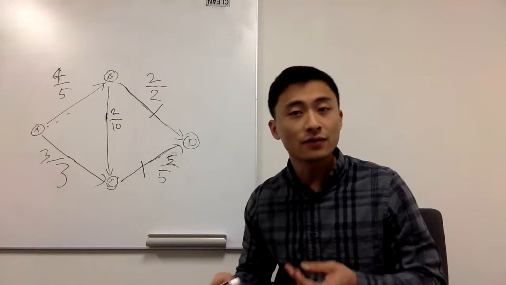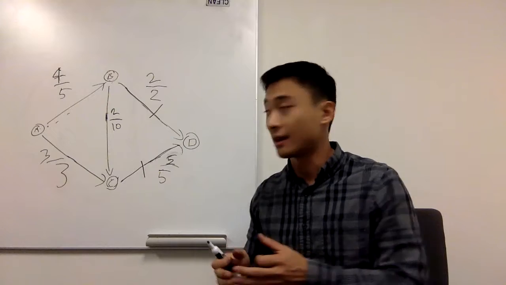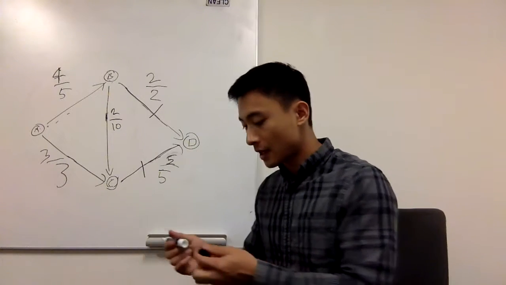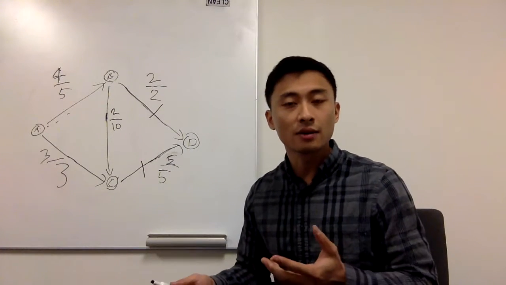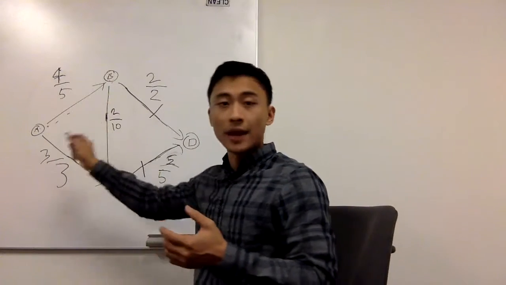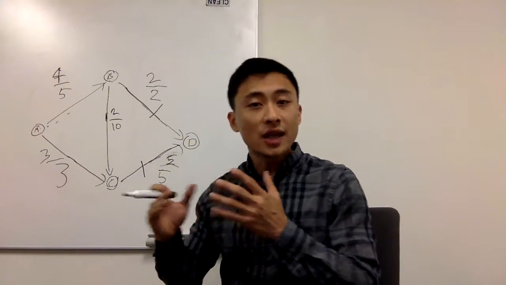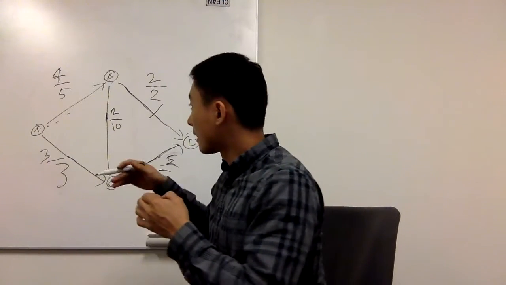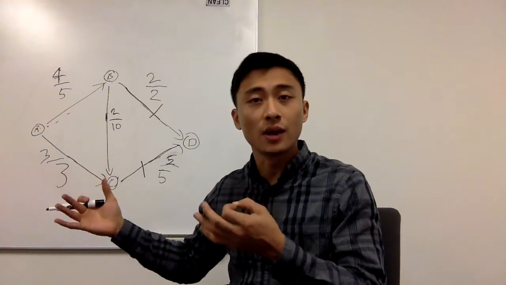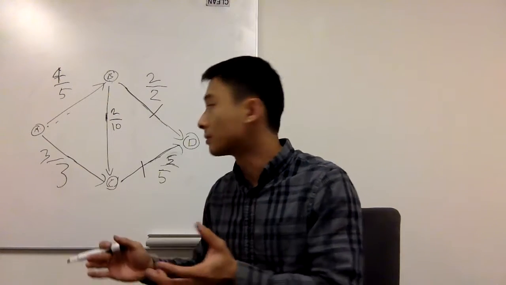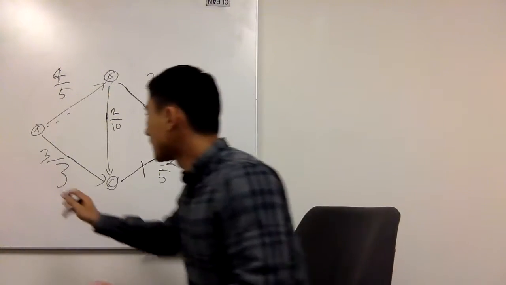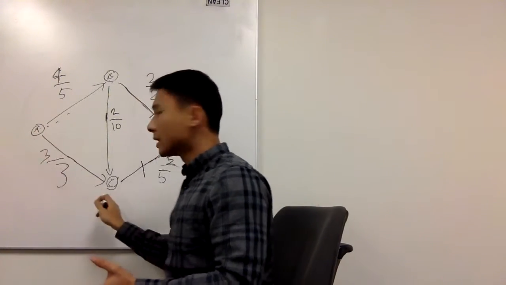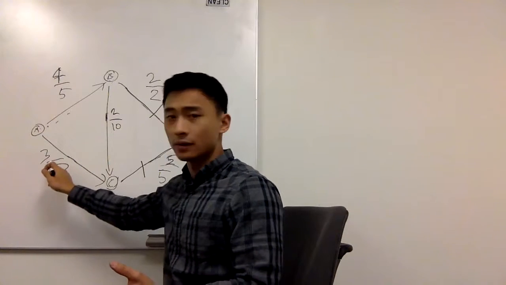Now, how do we actually find this algorithmically in a much more complicated graph? The answer is the Ford-Fulkerson algorithm says that if we start from A and we go along each edge that's not been completely filled, each vertex that we meet along the way will be part of our minimum cut group. So let's try that. Let's try to go from A to C. No, we can't do that because this is already filled.